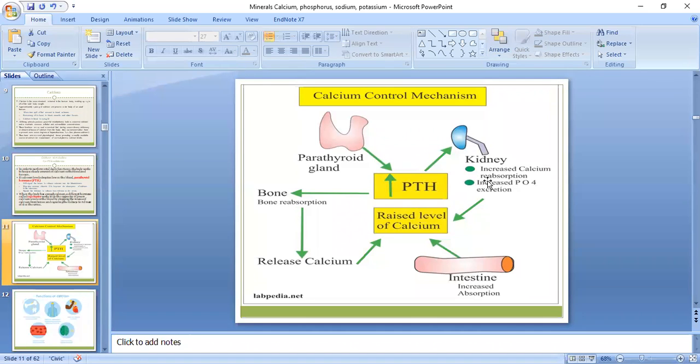In the kidneys, it increases calcium resorption while increasing urine excretion of phosphate. In turn, the calcium serum level is increased. In the intestine, it increases the absorption of calcium. So by these three functions, it increases the serum level of calcium.